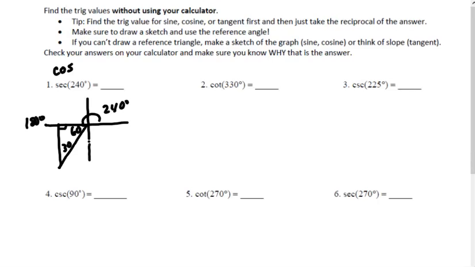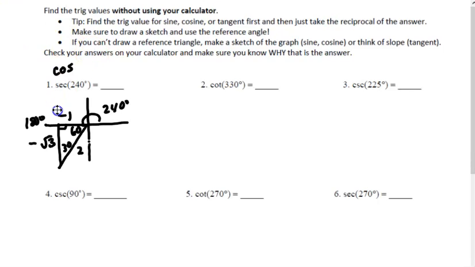So I know the hypotenuse of my 30, 60, 90 triangle is 2, the shortest side is 1, and the other leg is square root of 3. I also know that the 1 and the square root of 3 are both negative since they are in quadrant 3. So now I can find cosine.